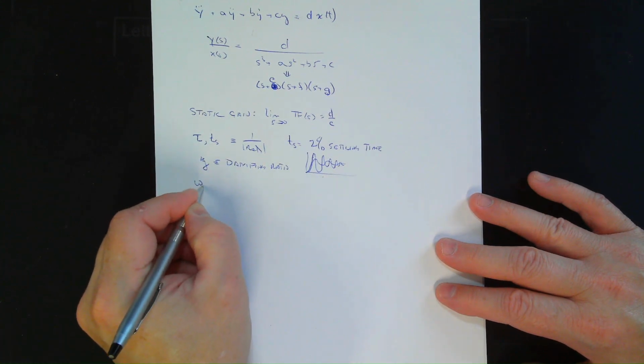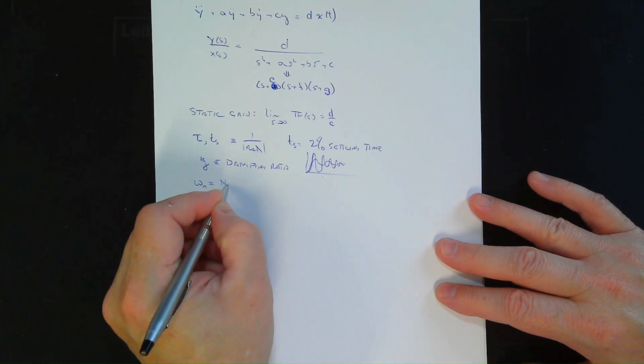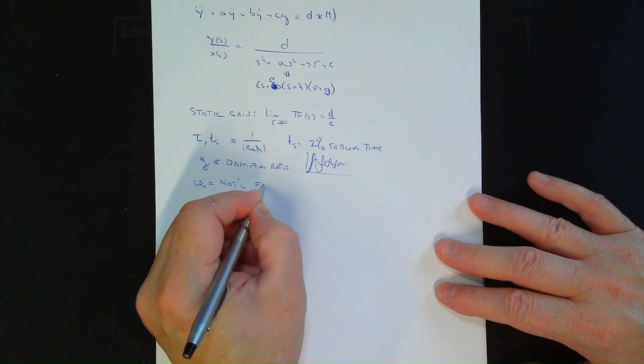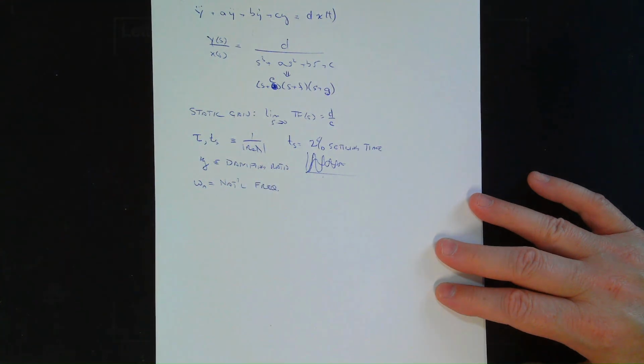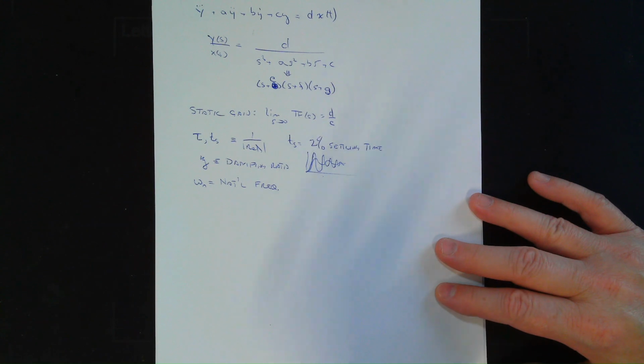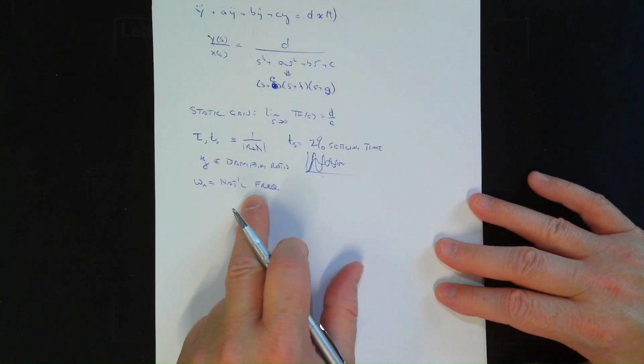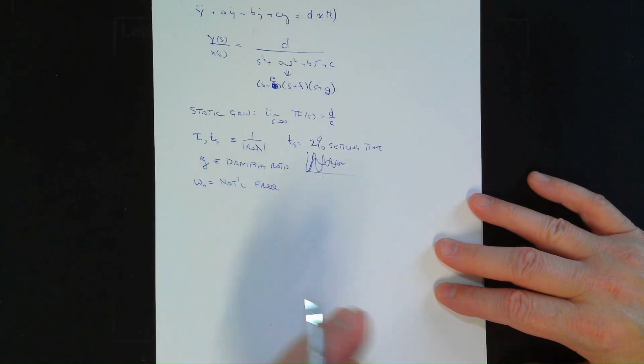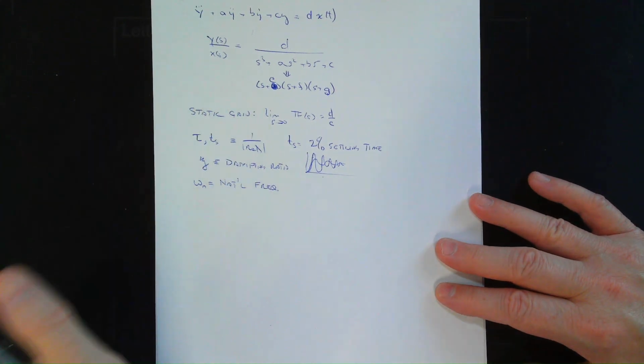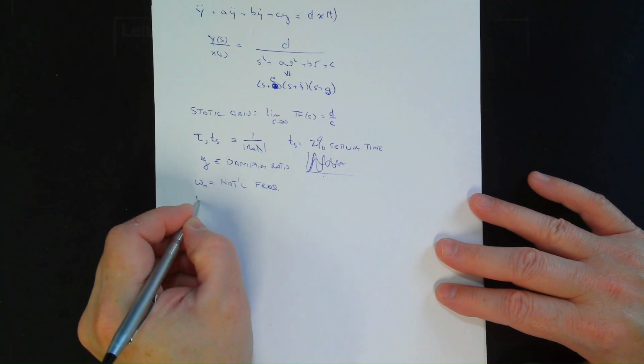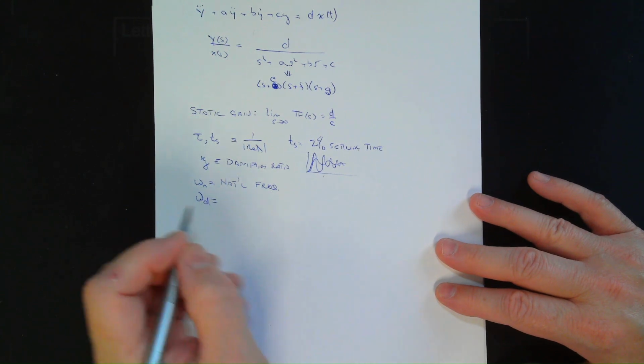We have natural frequency. Okay, and we're going to talk about what that specifically means, but it's in the region of the resonance, which is an area where vibrations get magnified. Let's just call it that for now. We're going to get more specific about this in a bit. We have the term omega d.